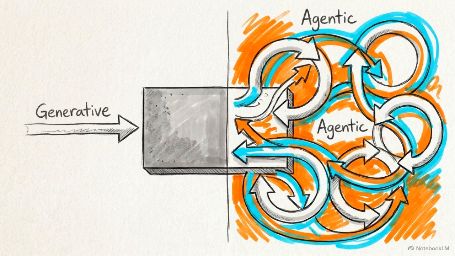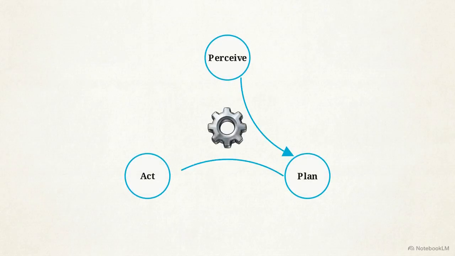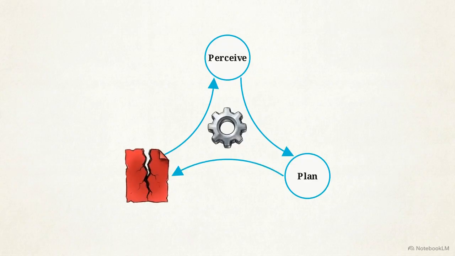This is where we move from generative AI, which simply creates content in a single pass, to agentic AI. The cognitive framework here is the ReAct pattern. It allows an agent to move through a recursive cycle of thought, action, and observation. The agent performs an action, observes the result, and if it fails, it generates a new plan and retries automatically.